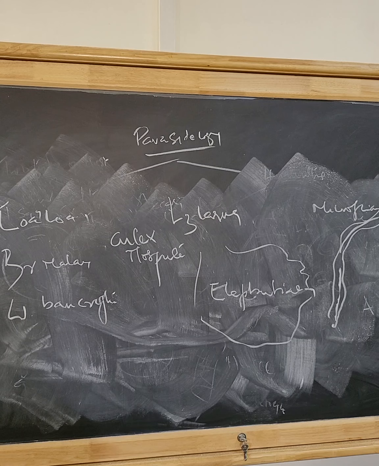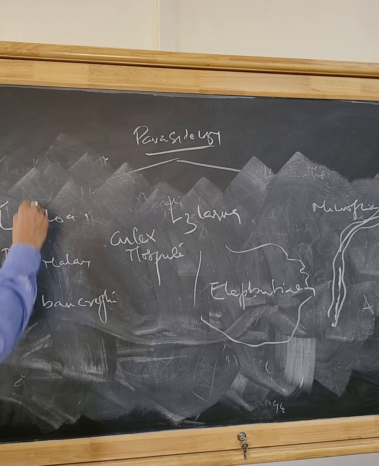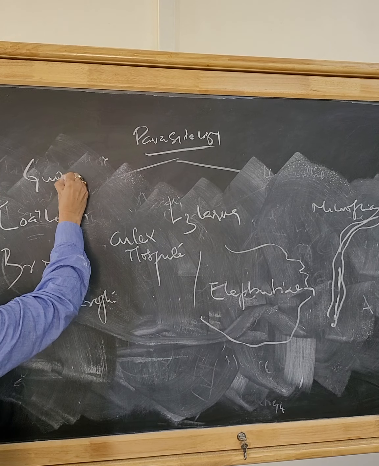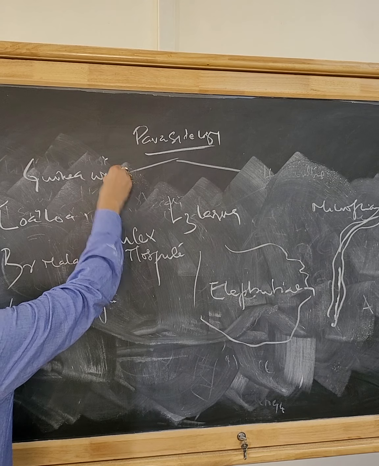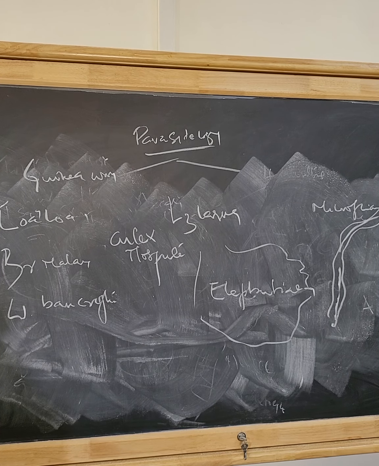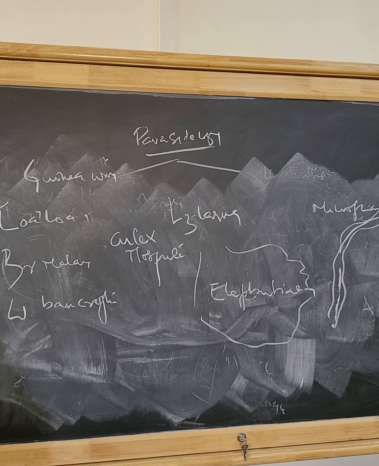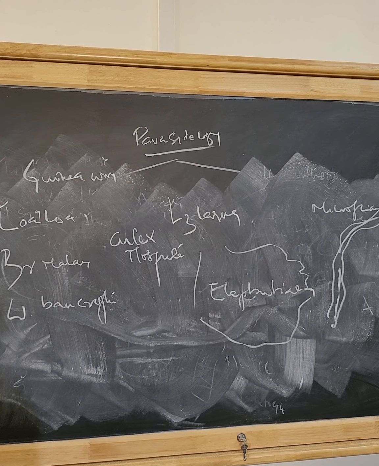The last parasite is Dracunculus medinensis. It's also called guinea worm. The longest nematode. Nobody has seen the male worm.